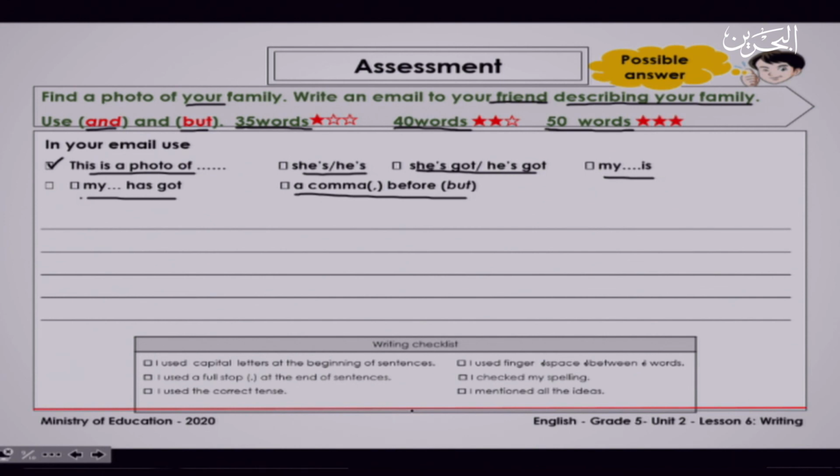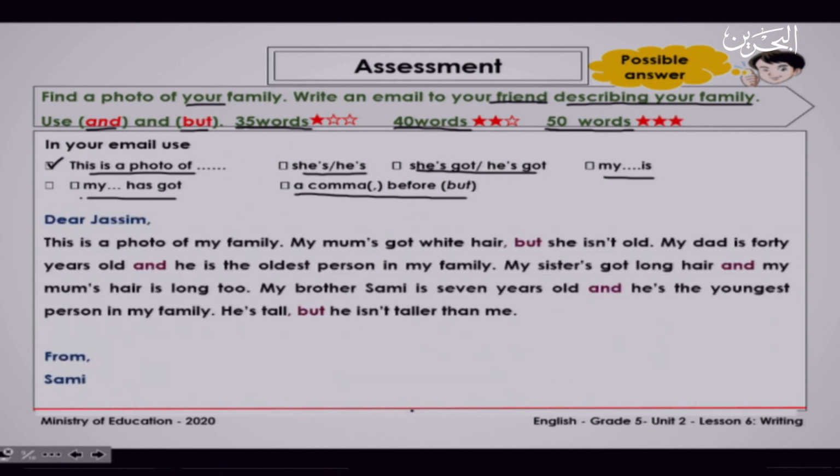Now let's have a look at a possible answer. Dear Josim, this is a photo of my family. My mom's got white hair, but she isn't old. My dad is 40 years old and he is the oldest person in my family.